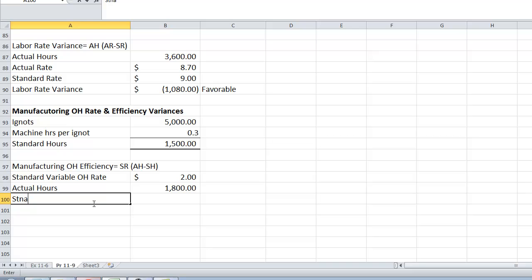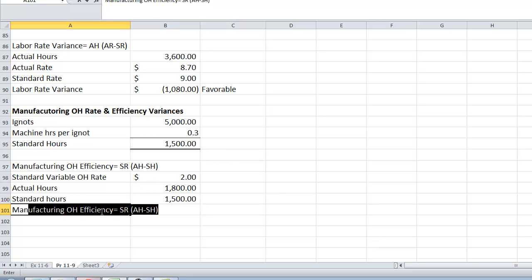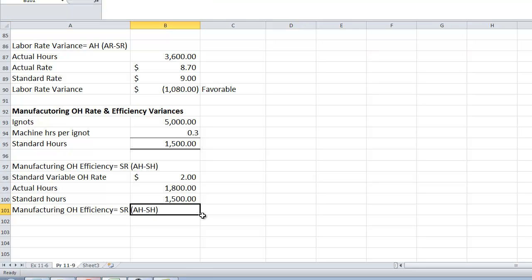Standard hours we just calculated, which is 1,500. So our manufacturing overhead efficiency variance equals our standard rate times actual hours minus standard hours, and this is unfavorable.